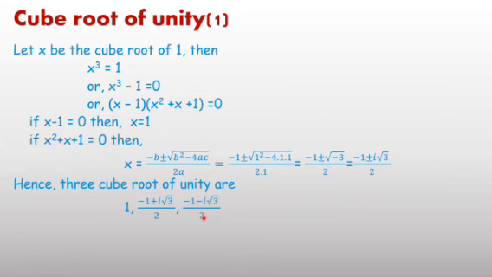Up to class 10th you have covered that the cube root of 1 is 1, because there is only one real root. Therefore, you have covered one real root. The remaining two are complex roots. Whenever anyone asks for the cube root of 1, there are 3 cube roots of 1, 1 real and 2 complex roots.